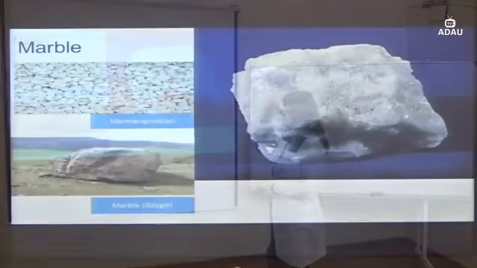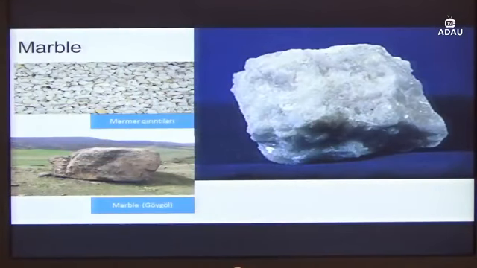Also marble. Marble is a monomineralic rock, consisting of calcite. Marble is also a metamorphic rock. There are natural resources of marble in the Georgian region.